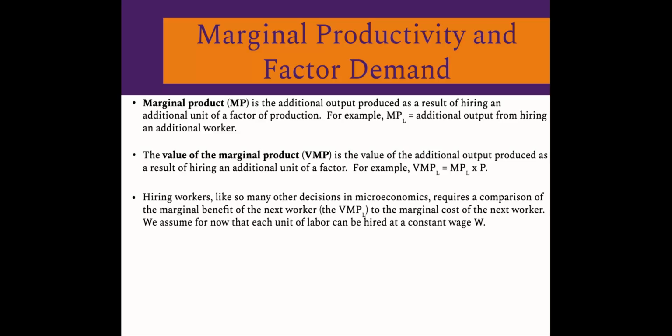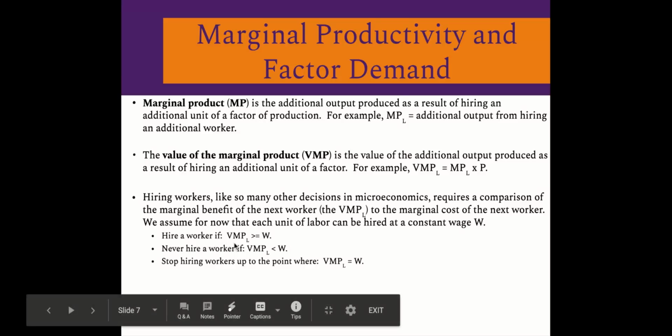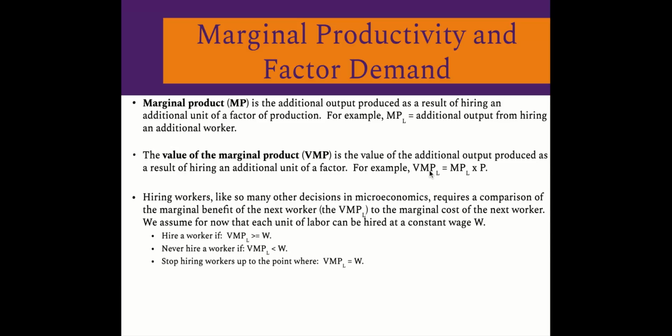So what we're going to do is hire workers where their wage rate is going to equal the value of the marginal product. I will hire the worker if the VMPL, let's say I get 5 pizzas, $10 a piece, that equals $50.